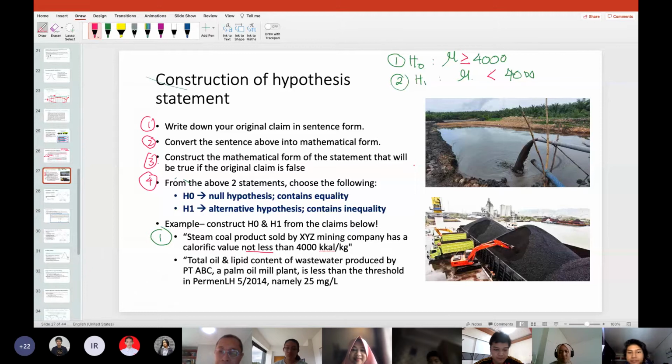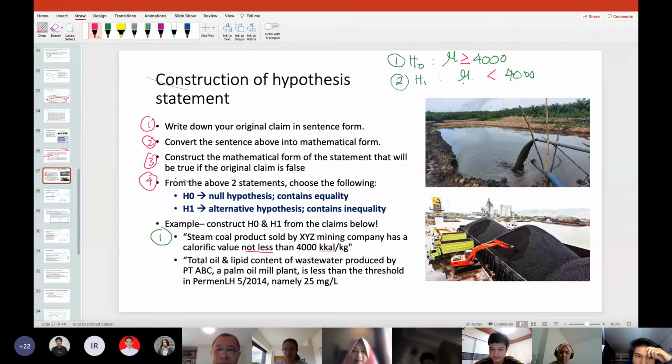Now we have two statements. Among these two statements, we have to choose which one contains equality and which one contains inequality. Remember, we have not talked about H0 and H1 yet.